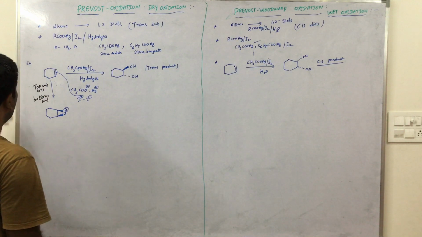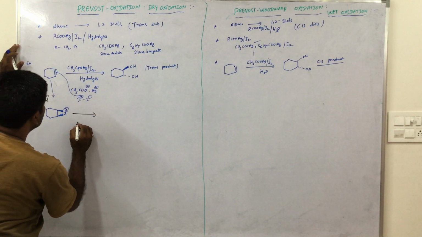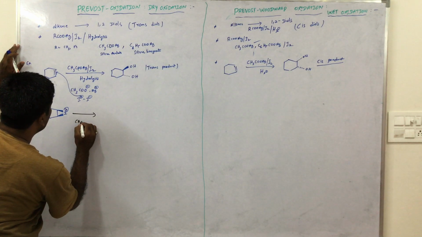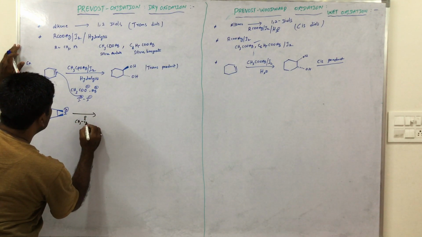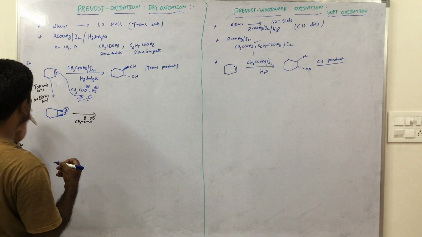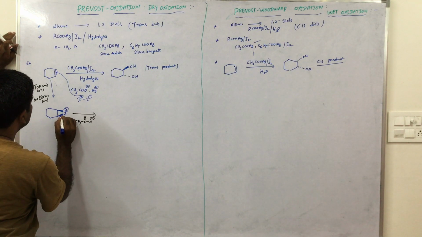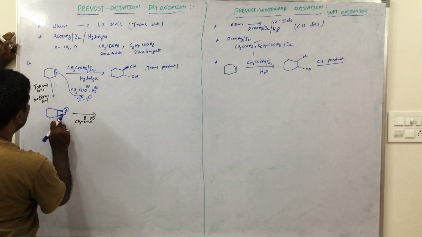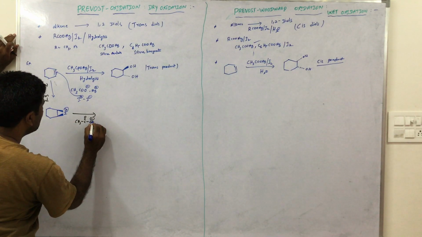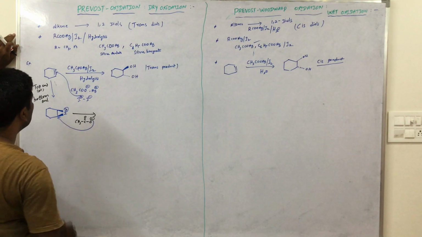Okay, now what happened? This CH3 double bond O minus is there now. This iodine bond is at the top end, above the plane. That's why this O minus attacks this carbon from below the plane.